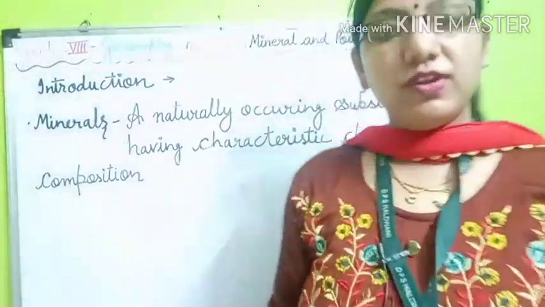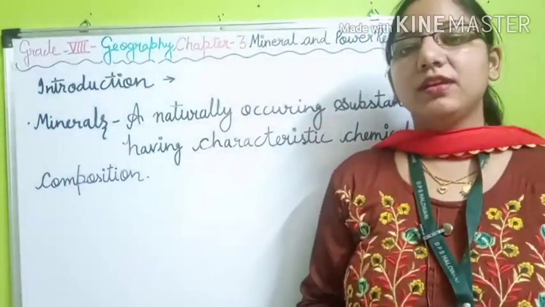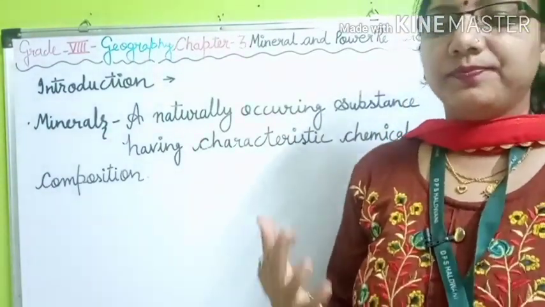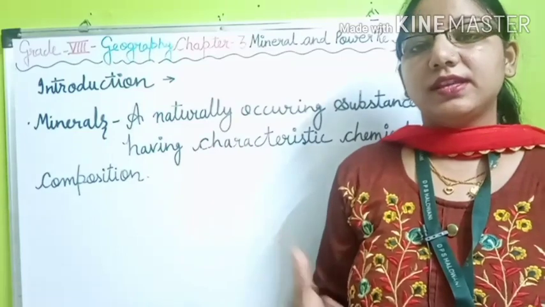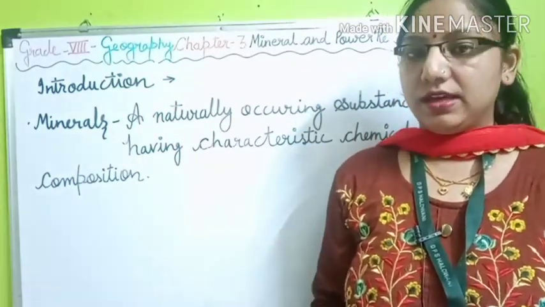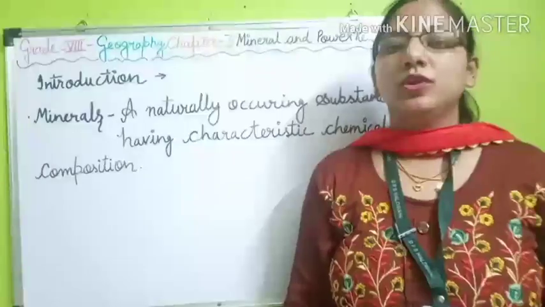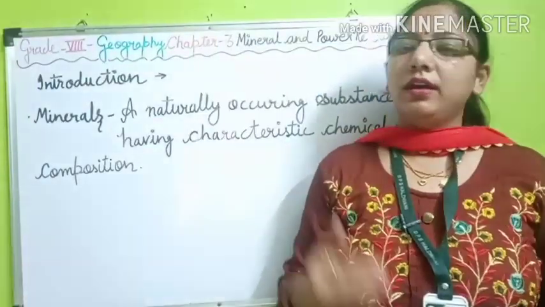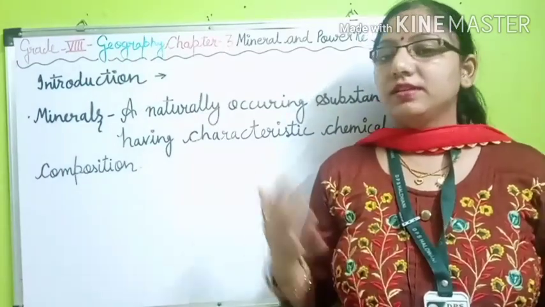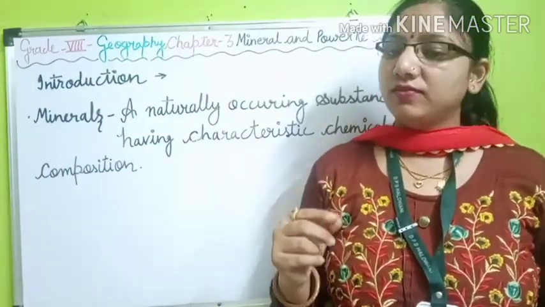In which form are we getting it? In the ore form. For example, iron ore, gold ore, copper ore and manganese ore. In which layer of the earth are we finding these minerals in the form of ore?